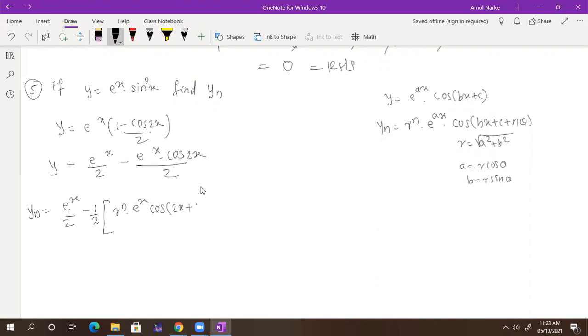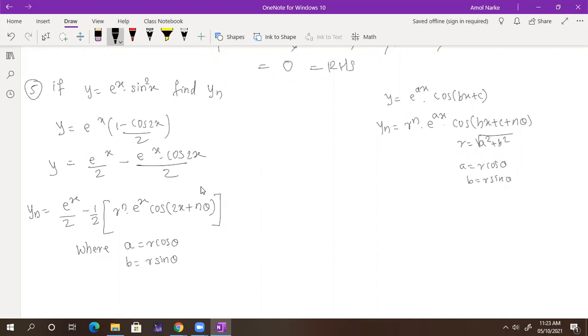Nothing is divided by 2, because I already took 2 common. Where a is equal to r cos theta and b is equal to r sin theta.